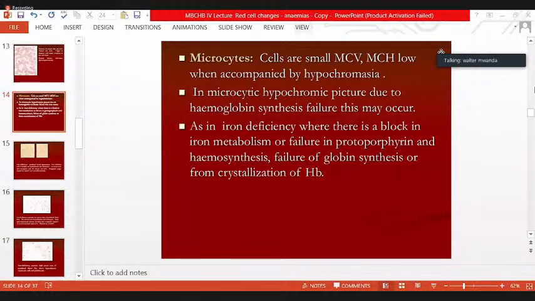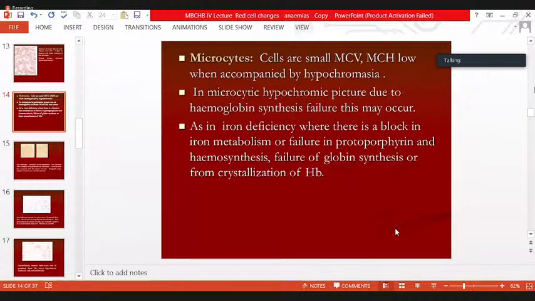Sorry about that. Microcytosis can be seen in the hemogram, whereby the MCV is less than 86 femtoliters. In that case, the MCV is reduced, and MCH is also reduced.